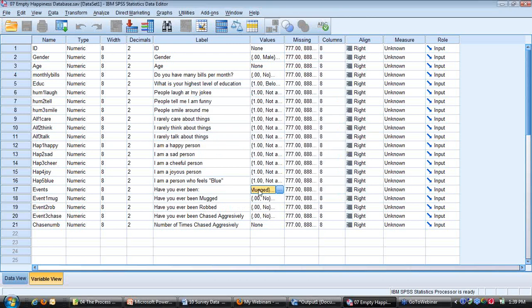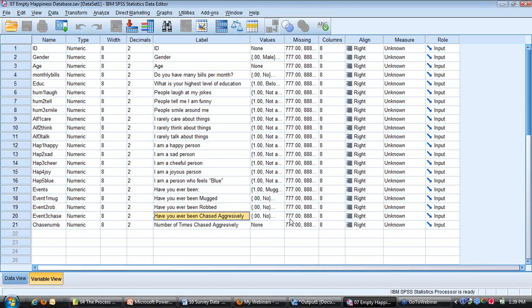So what you need to do is forget about this, pretend that doesn't exist, and change it into a different variable for each category in that question. So it would become event 1, mugged. Have you ever been mugged? Yes, no. Event 2, robbed. Have you ever been robbed? Yes, no. And event 3, chased.